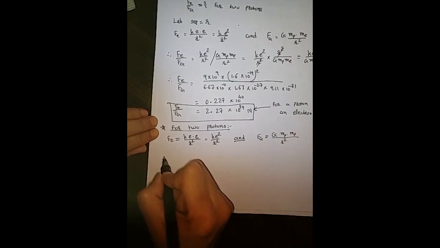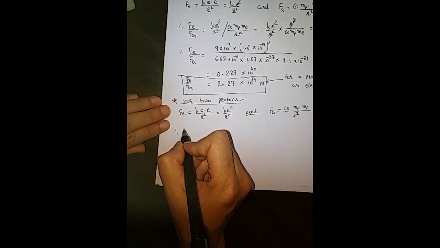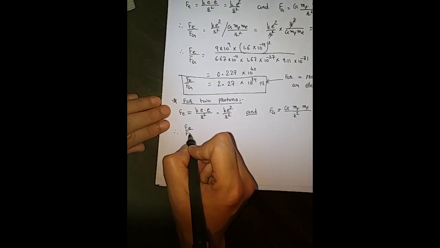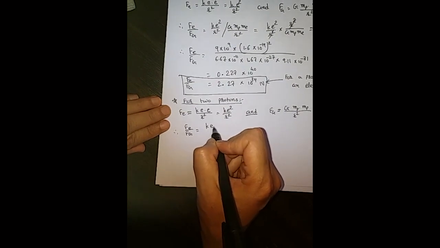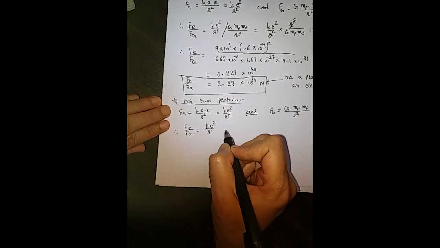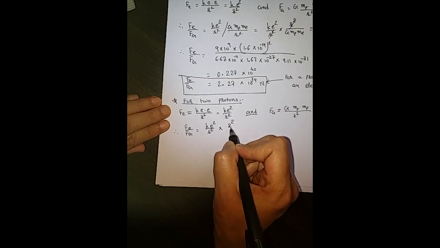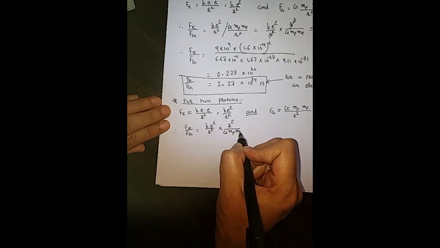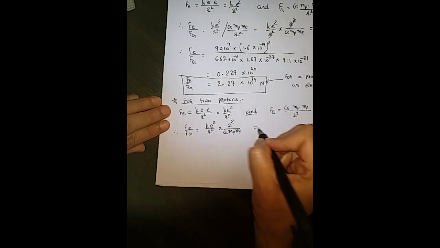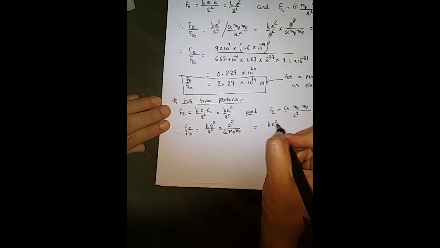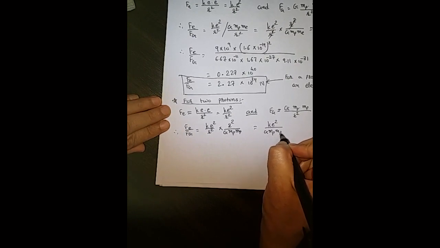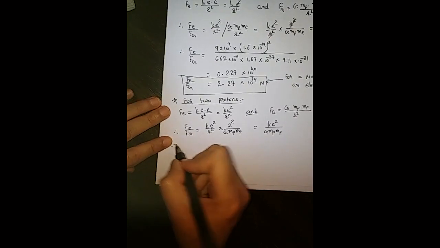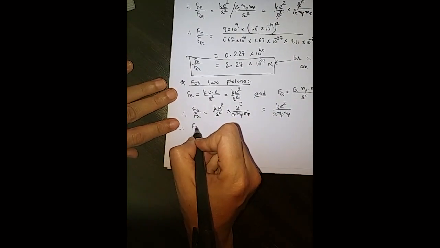So from this I can say that Fe upon Fg is equal to Ke square by r square multiplied by r square upon G mp mp. That gives me K e square upon G mp mp. So now I have to put the values.